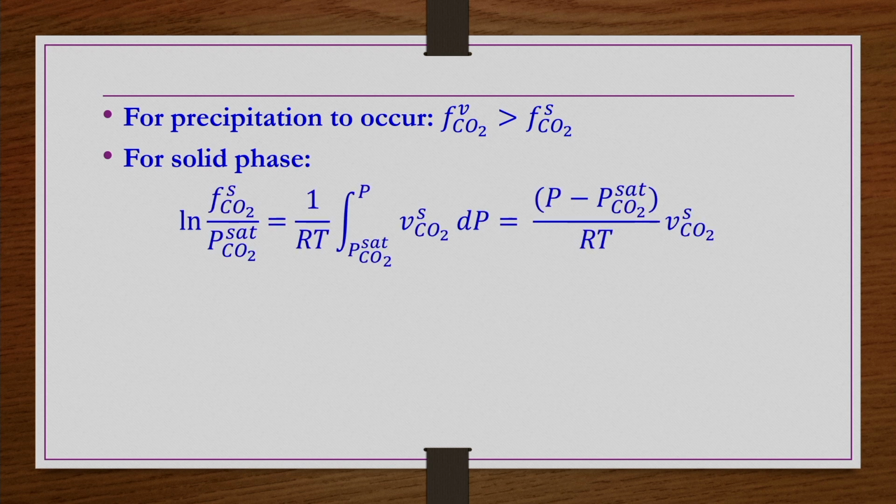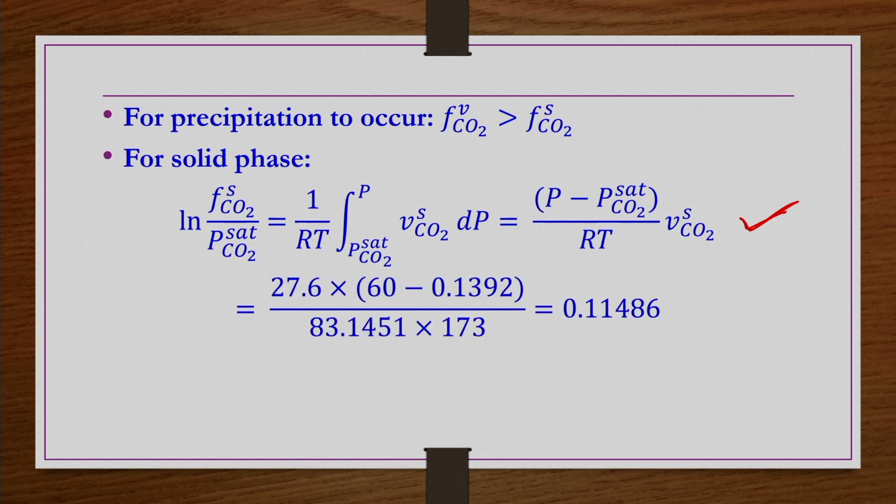Then we have already derived this expression long back, in the second or third week, for a pure condensed phase; the fugacity you can find out using this expression. What we have is VCO2S, the molar volume of CO2 under the saturated conditions, given as 27.6, and P given as 60 bar, and the saturation pressure of CO2 given as 0.1392.